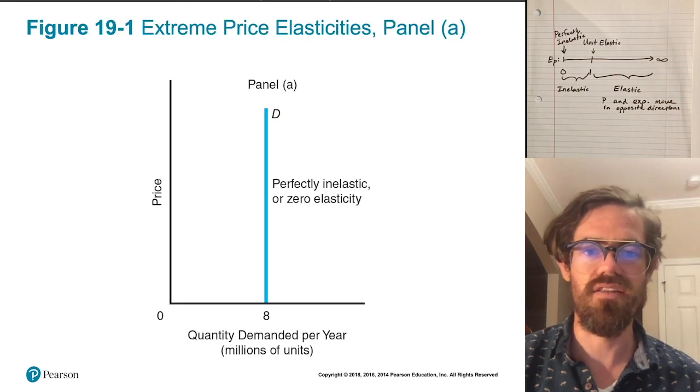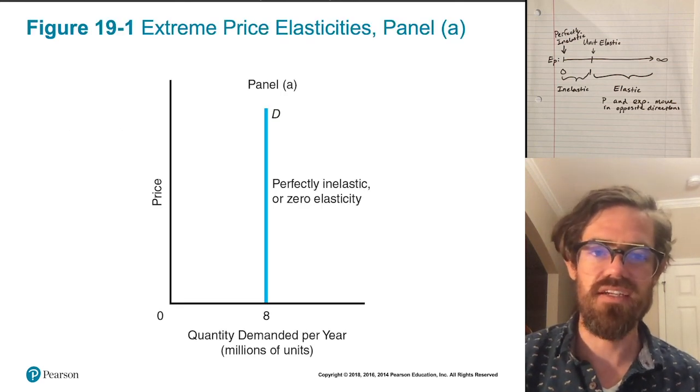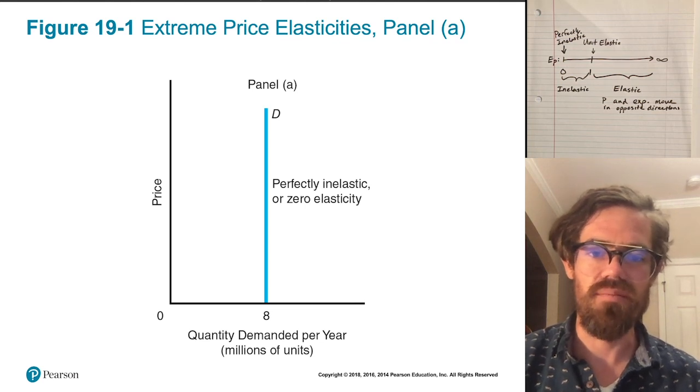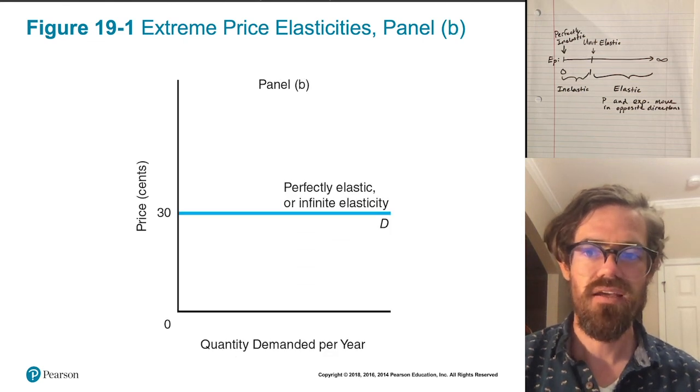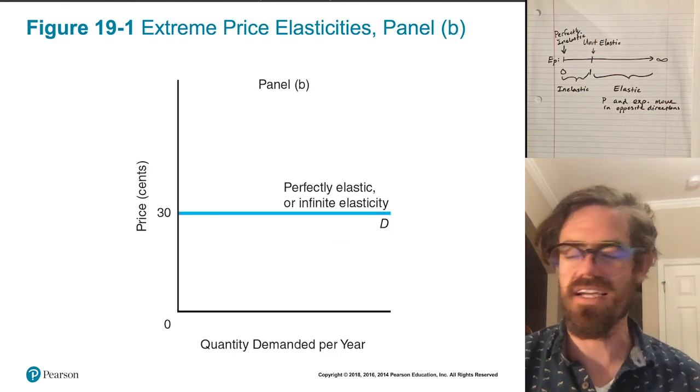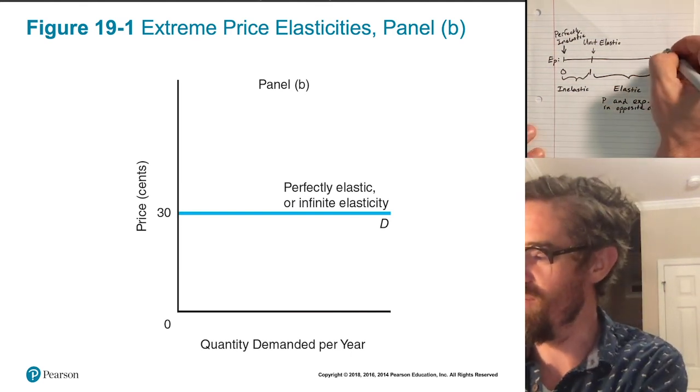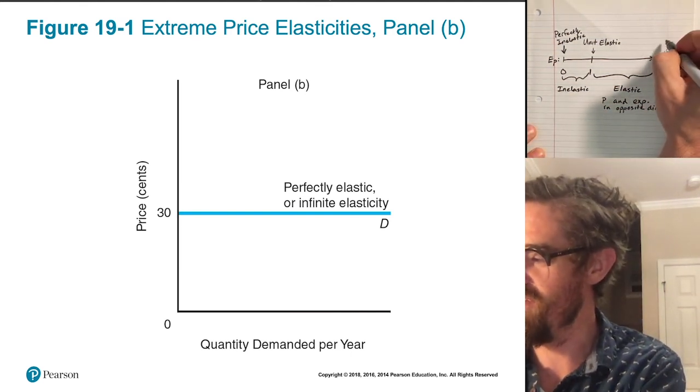So that's one end of the spectrum. Graphically, it looks like this. It's a vertical demand curve. So again, it means that quantity does not change no matter what the change in price is. The other extreme is perfectly elastic demand. And that's when we get an elasticity of infinity.